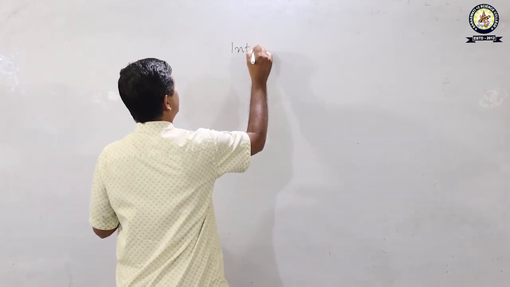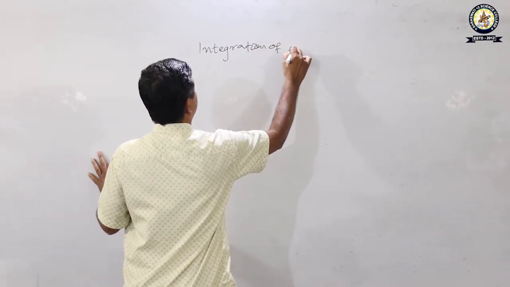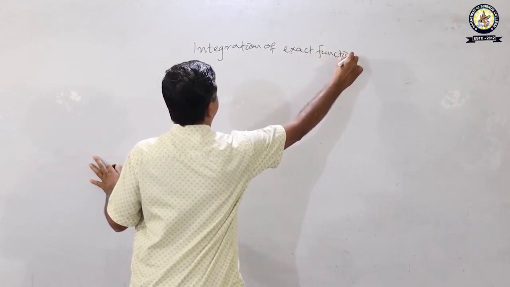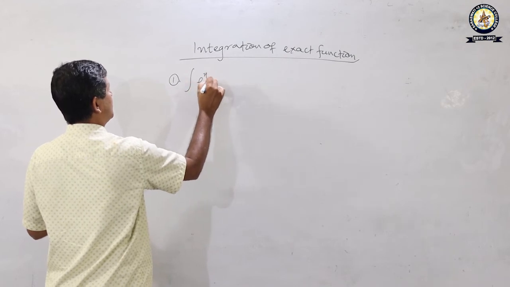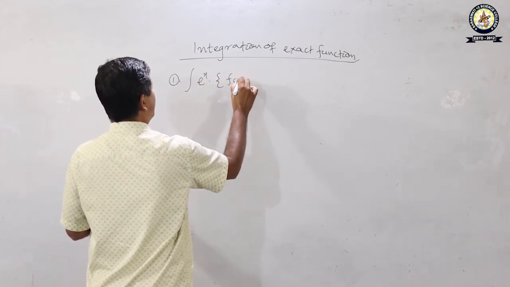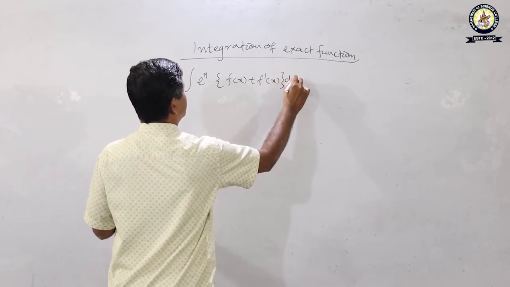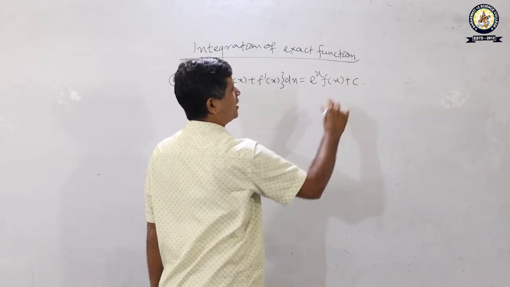The heading is integration of exact functions. Its first formula is the integration of e to the power x into f of x plus f dash x into dx, that is equal to e to the power x into f of x plus c.